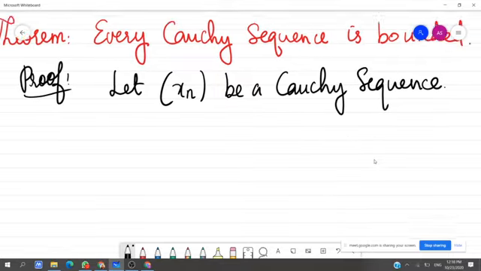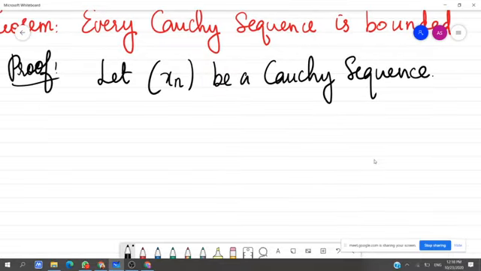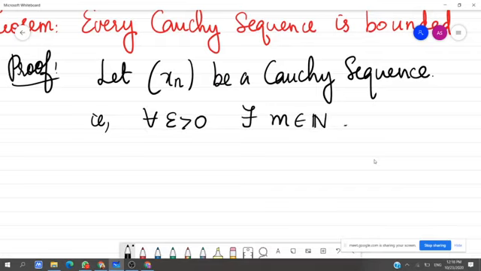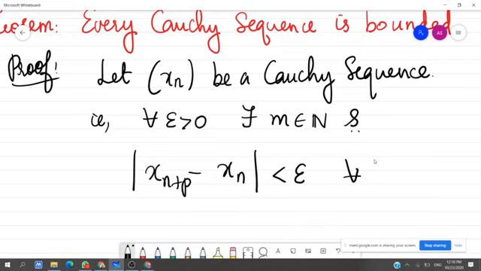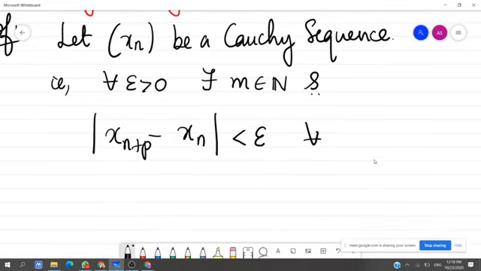For every epsilon greater than 0, there exists a positive integer m such that the modulus of xn plus p minus xn, the distance between the terms of the sequence, is ultimately less than any arbitrary positive epsilon. So this is the definition.